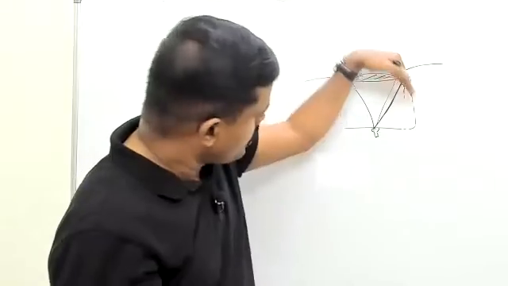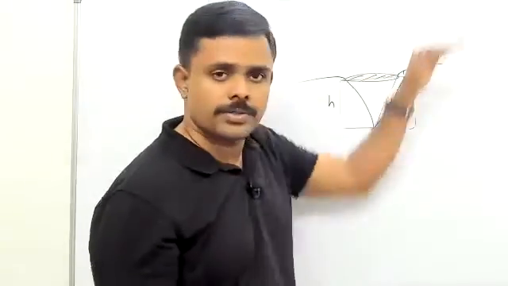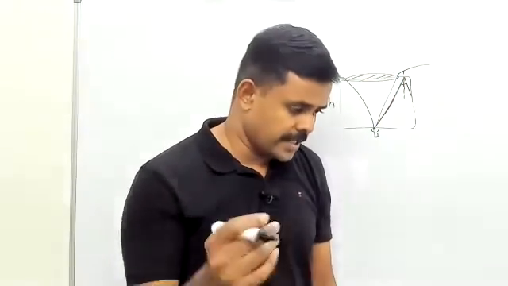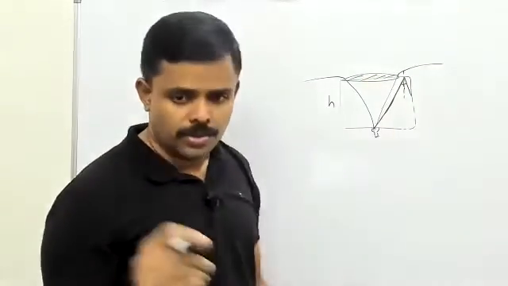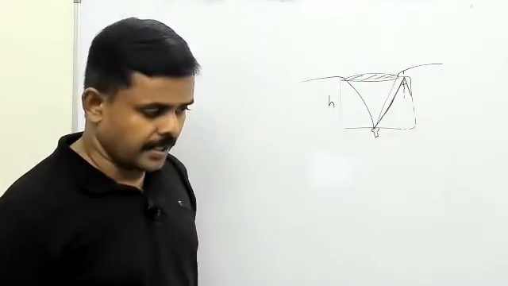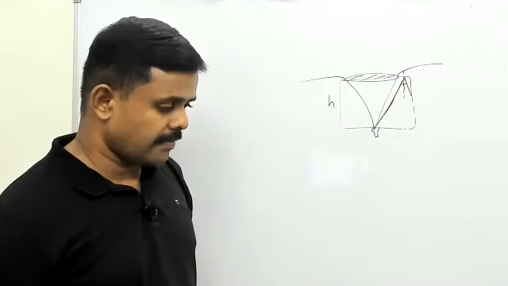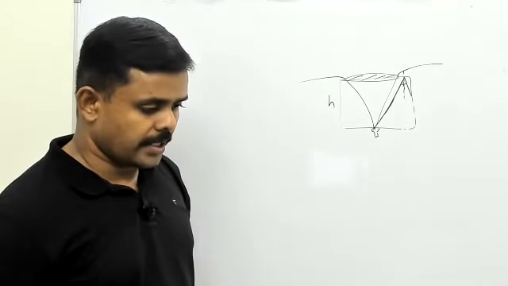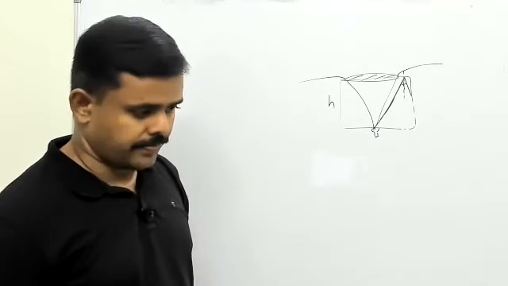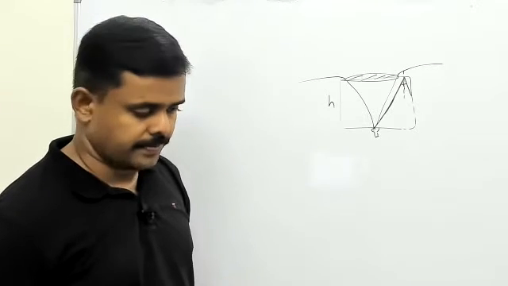The ray would come back instead of going out. So for the rays beyond the circle, there will be total internal reflection.